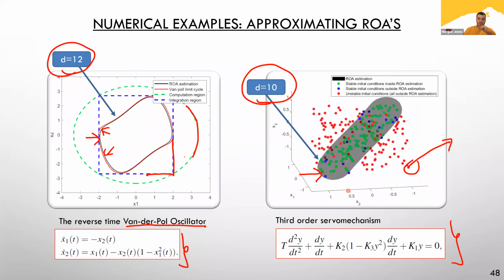If our approximation contained the point, we would color it green. And as you can see, it's a fairly good approximation because there are very few blue points inside of the region of attraction but not given by our approximation.